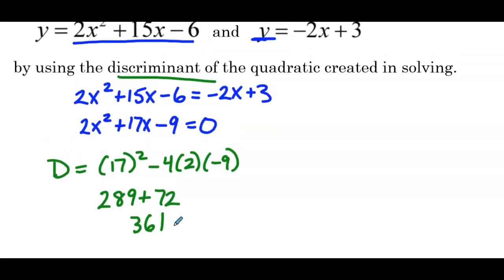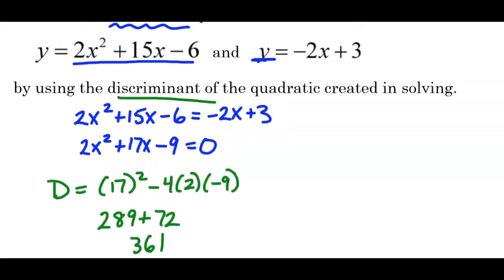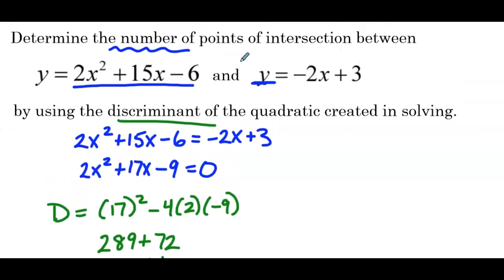Okay, so the discriminant is positive. So when we had a positive discriminant, we had unequal solutions, which means there's 2 of them. Well, if there's 2 solutions in the quadratic formula, that means we're going to have 2 points of intersection. Okay, so we have 2 points of intersection.